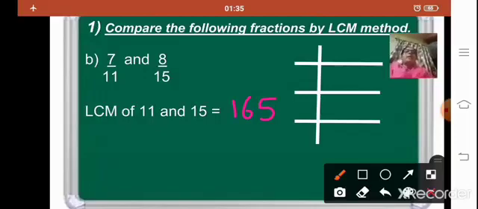Now what is your second step? Your second step is to make the denominators equal to this LCM, that is 165. So now 11 multiplied by what number will give you 165? You all don't know the table, so if you want to find which number you have to multiply, you divide this 165 by 11, and you will get the number by which you have to multiply to make the denominator 165.